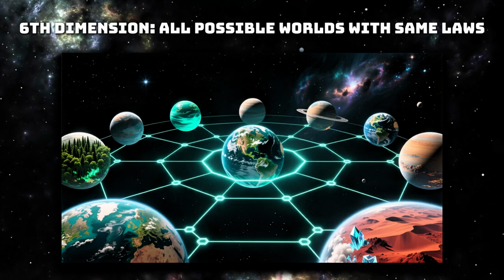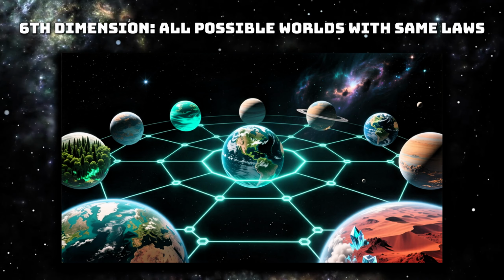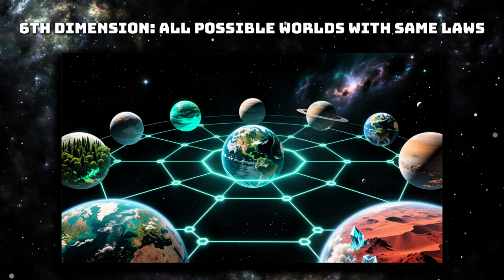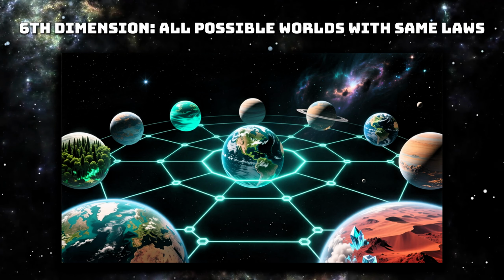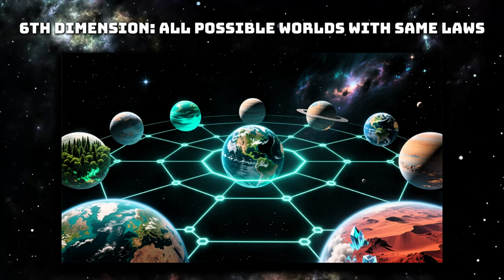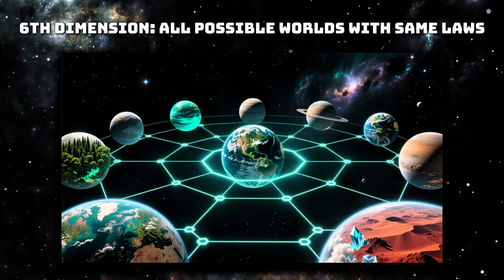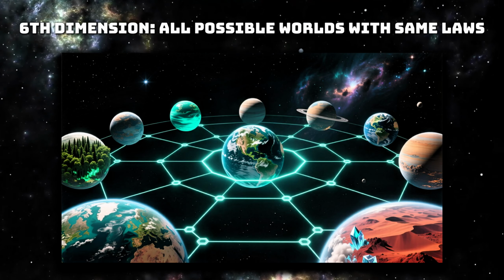If the fifth dimension represents all the different timelines that our universe could take, every possible chain of events branching from the same beginning, then the sixth dimension takes an even bigger leap. The sixth dimension expands beyond the idea of alternate histories and asks a deeper question.